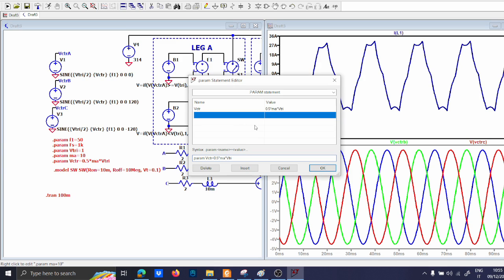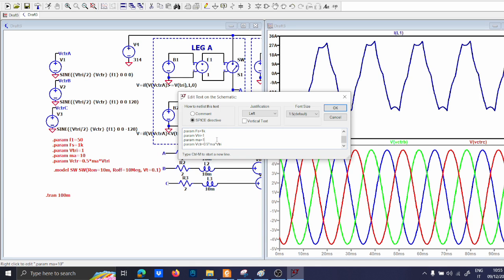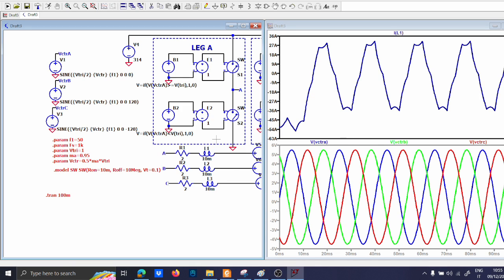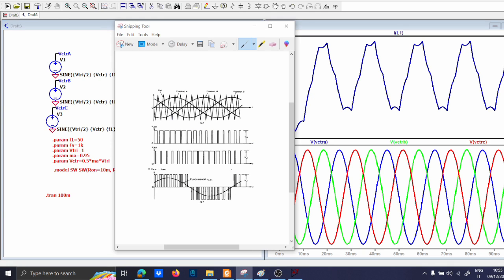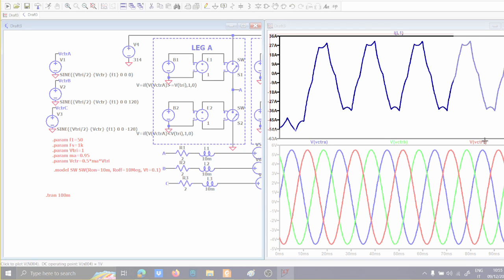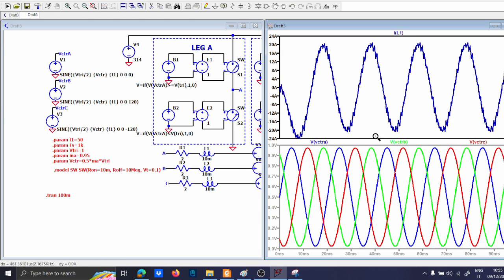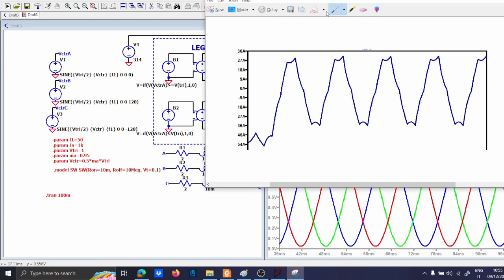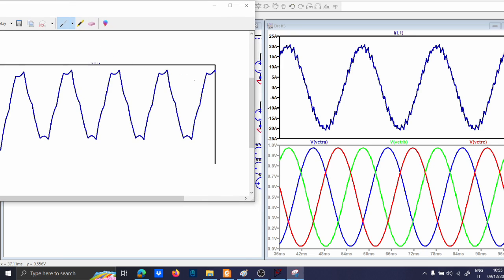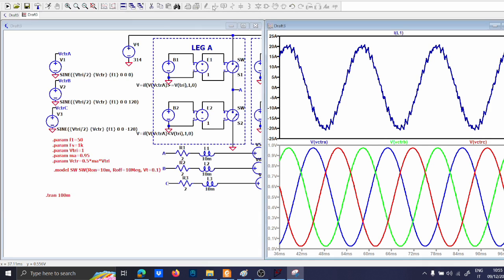So let me put MA equal to 0.95 again. Now, if I run the simulation again, you see that this technique has less ripple, but it has a distorted waveform around here and also around here, a distortion around the peaks.